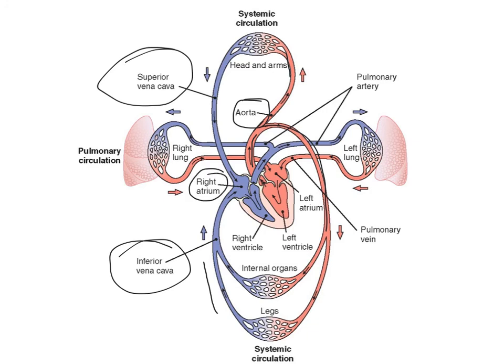It would then go from the right atrium through this valve here, which is the tricuspid valve, into the right ventricle. From the right ventricle, it will then get pushed out of the heart via the semilunar valve or the pulmonary valve into the pulmonary arteries.